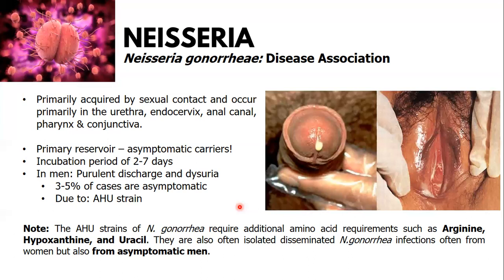AHU strains of N. gonorrhoeae require additional amino acids such as arginine, hypoxanthine, and uracil. They are auxotypes of Neisseria gonorrhoeae, and as I said earlier, they have been isolated as causative agents of asymptomatic infections in women and in men, and they are also isolated as causative agents of disseminated Neisseria gonorrhoeae infections.